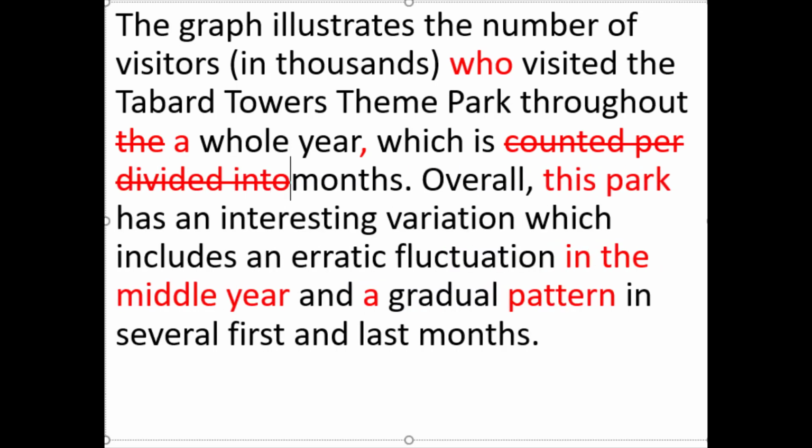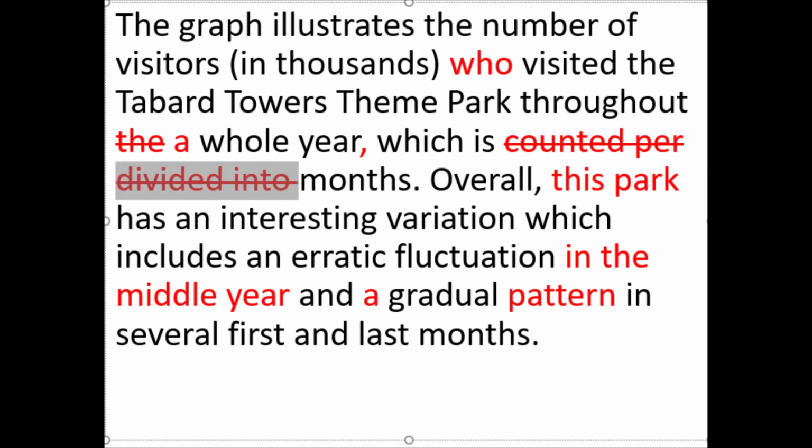If you really want to refer to the months, you could say which is divided into months, but a year is not counted per month. Maybe you could say counted in months, but even that is unnecessary. So if you really feel the need to refer to the months, I would suggest you say divided into months. Otherwise, just leave it out.